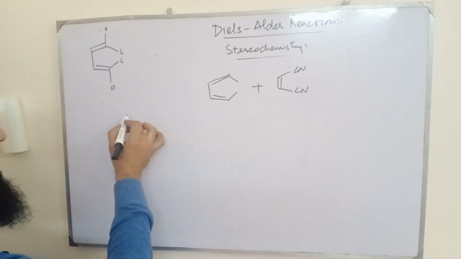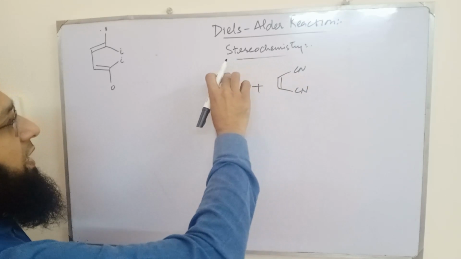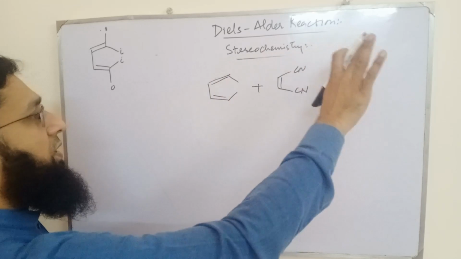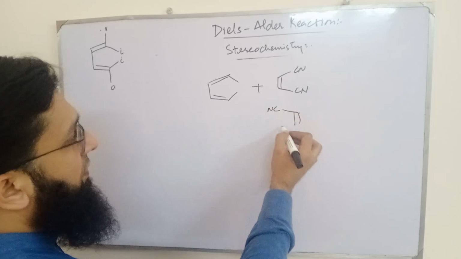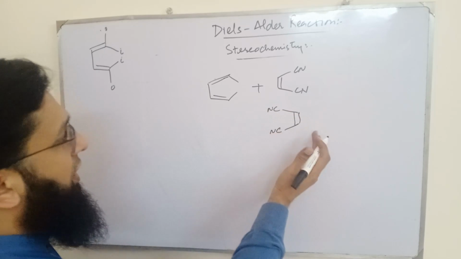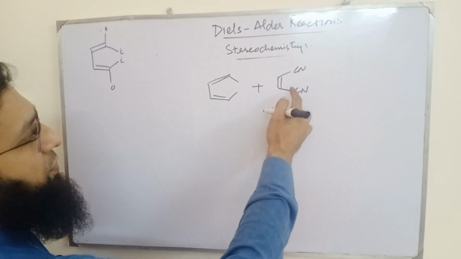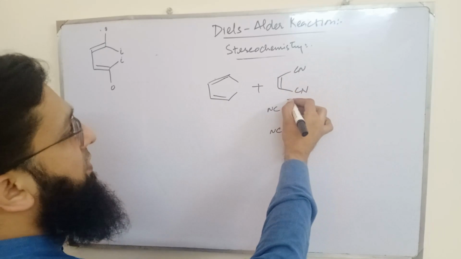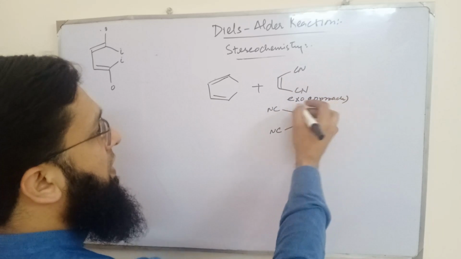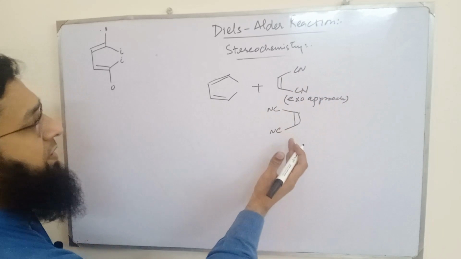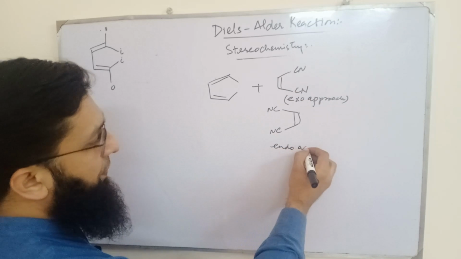For example, one possibility is that it can attack or react with the diene with the substituents in the away position, or it can react with the diene when the substituents are towards the diene. So this approach, when the substituents are away, is the exo approach. And if the substituents are towards the diene, this approach is called the endo approach.